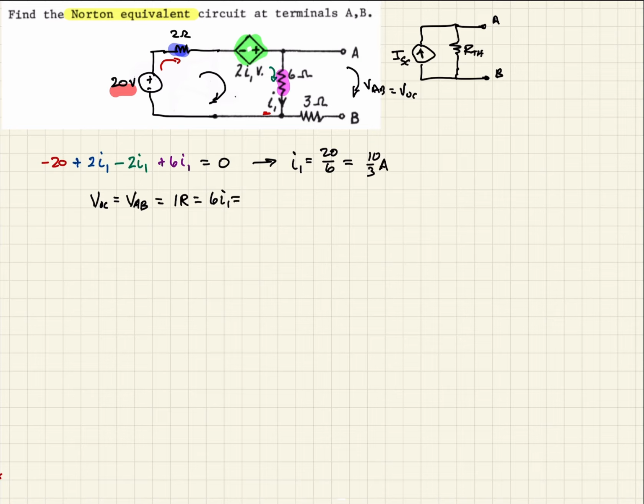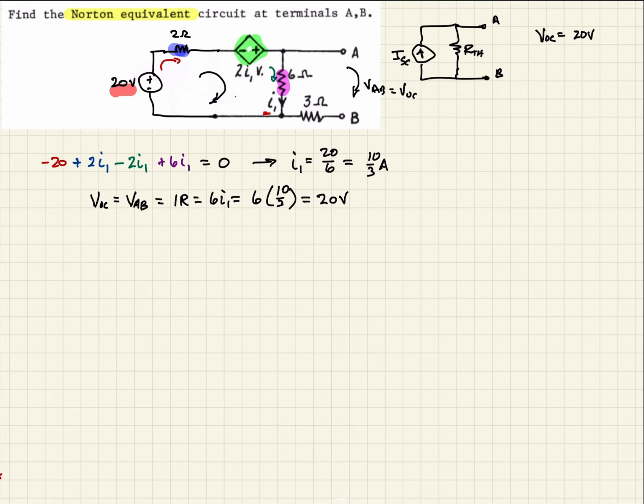Well, we just solved for I1, and so that's going to be 6 times 10 over 3, and so that's going to be 20 volts. So our open circuit voltage, and we'll just tabulate this over here, open circuit voltage is 20 volts.